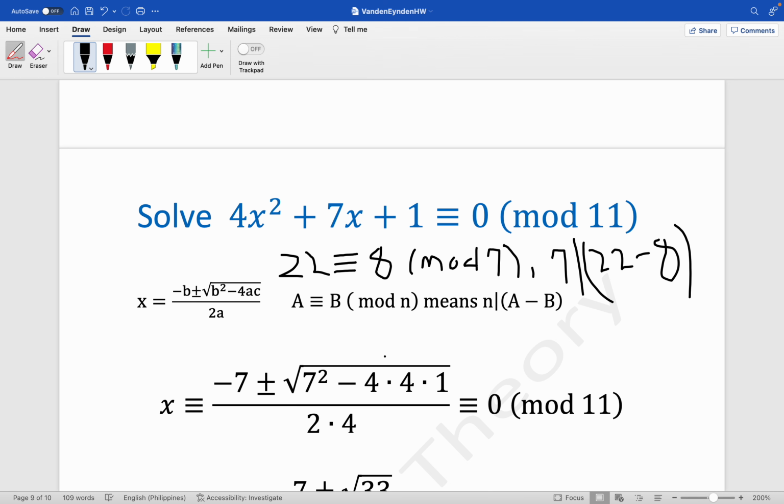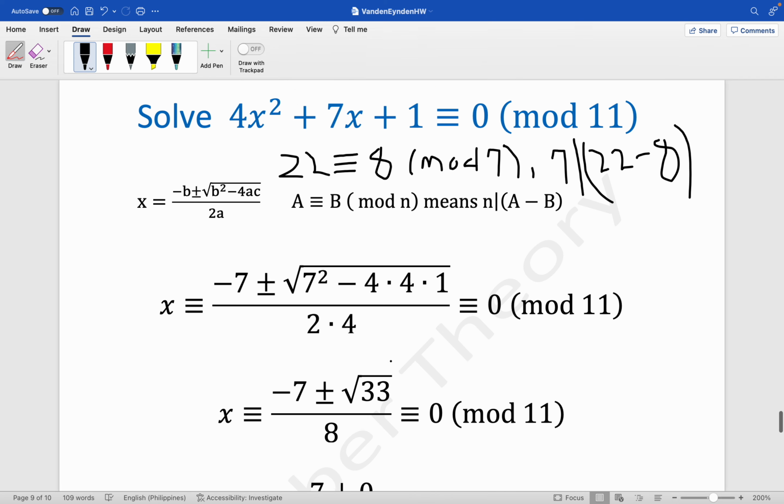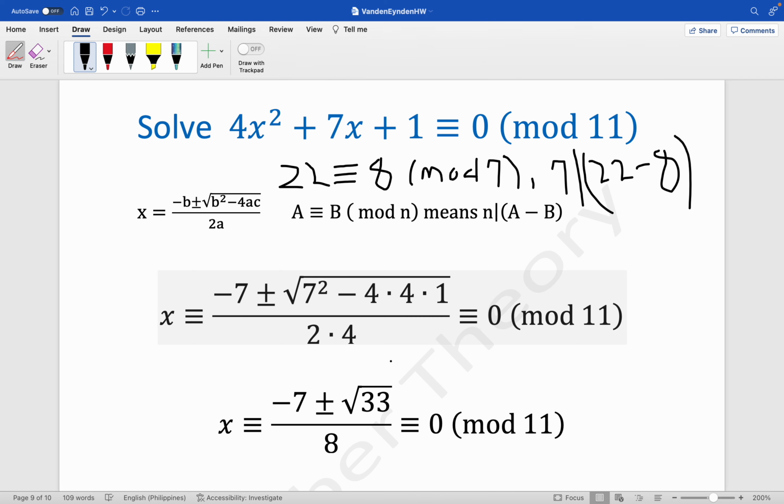Now again, we're doing all this in mod 11, so let's keep that in mind. So folks, right here, the arithmetic simplifies to what you see in front of you: minus 7 plus or minus root 33 divided by 8.